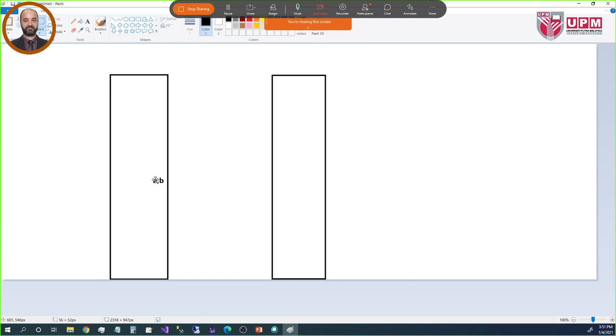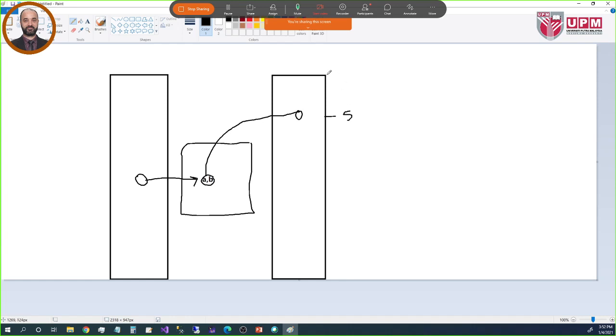A and B is going to be ready here in the memory by this task. So here is the memory. Then suppose that this task needs to read A and B from the memory at this time. So maybe this time is 5, this time is 0, and this time is 10.